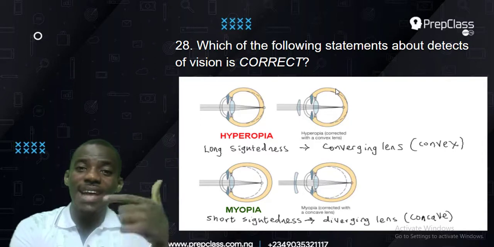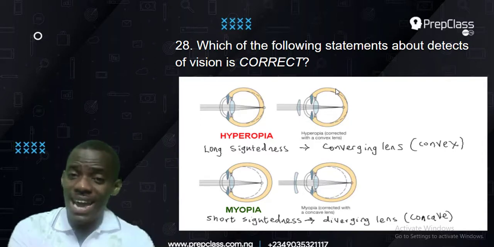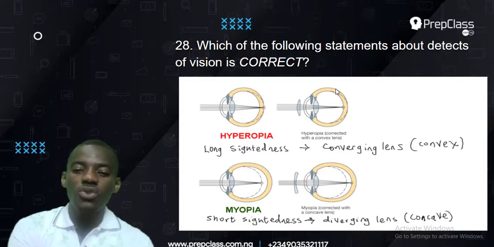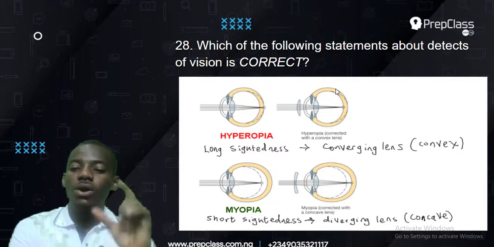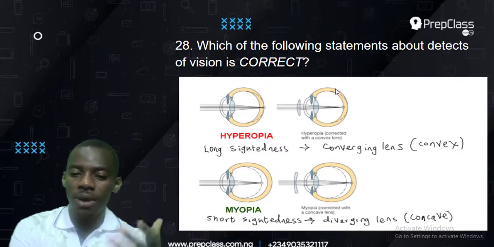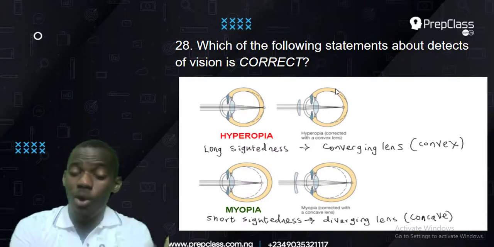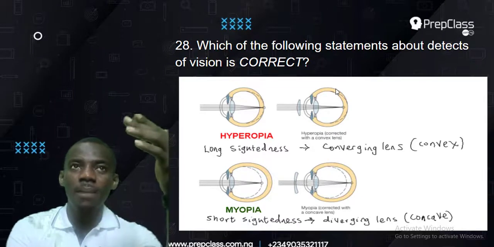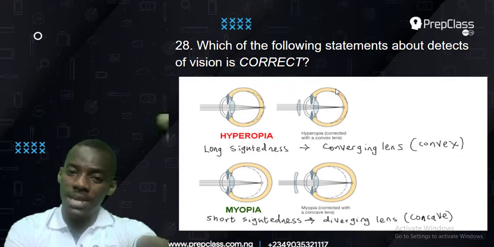Short-sightedness is the ability to see things that are near, but not being able to see things that are far. So short-sightedness helps you to see things that are near. Now, it is corrected by a diverging or a concave lens. A concave lens makes things that are far come near.